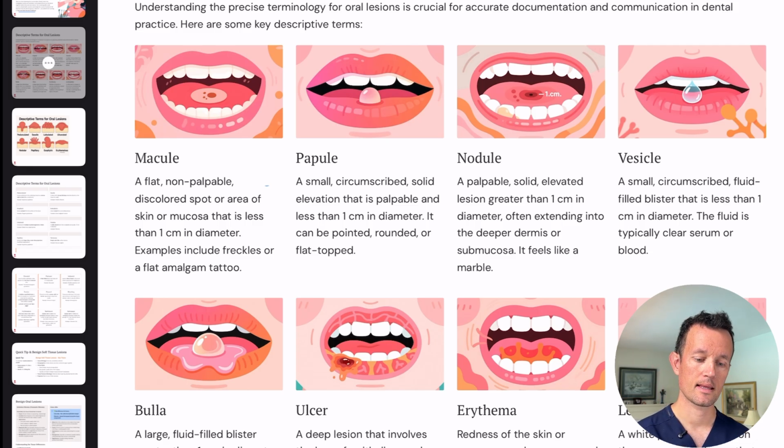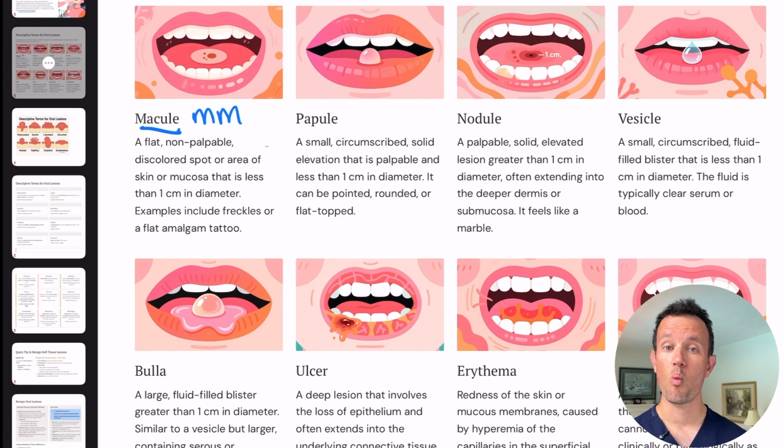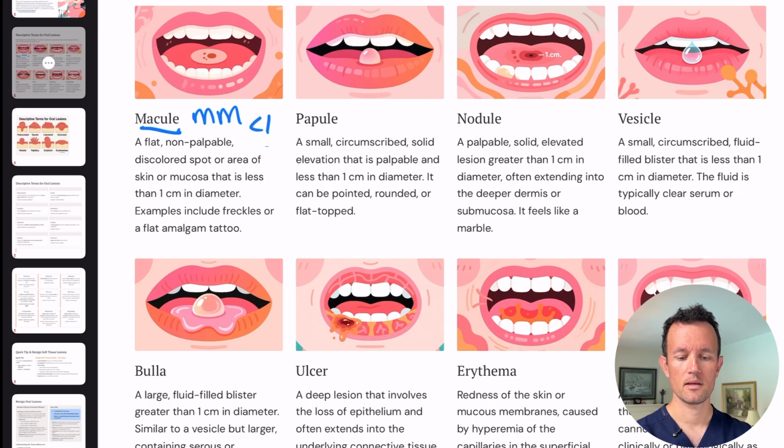Let's go over some basics. A macule. I think of an M&M candy. Why? M&Ms are kind of like a flat candy. It's like melts in your mouth, not in your hands. So I think of an M&M. Less than 1 centimeter.